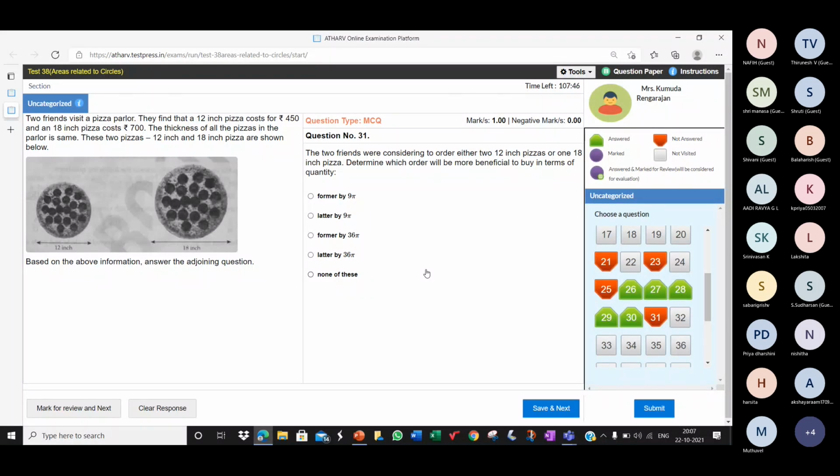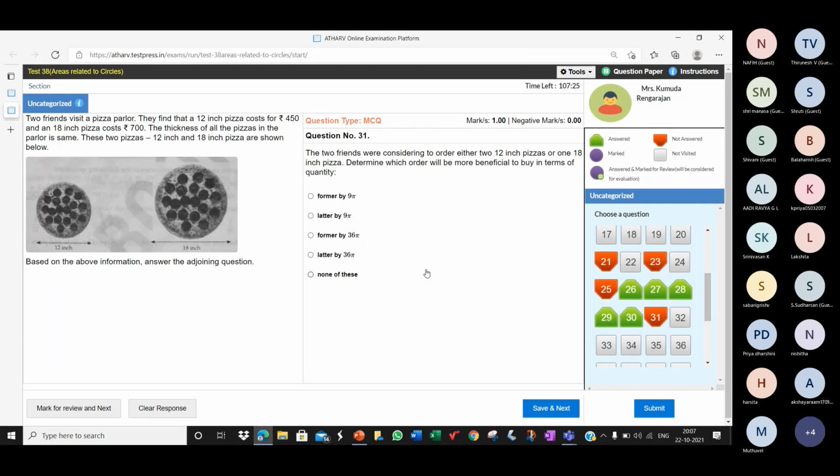Okay, just in case we have not understood, let me repeat. The radius of the first one is 6 inches. The radius of the second one is 9 inches. We have to find the areas of the two circles. They're circular discs, the pizzas.